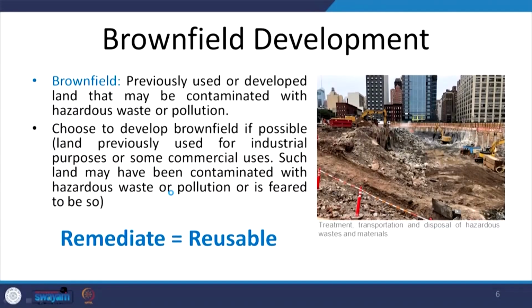We have already discussed what a brownfield is versus a greenfield. Here, for a sustainable site development, we would prefer that a brownfield is chosen. It is often difficult to develop brownfield because there is already an existing contamination or a building structure which needs to be demolished. So, often an extra cost has to be added for clearing the site and making it ready for the new construction, new site development.